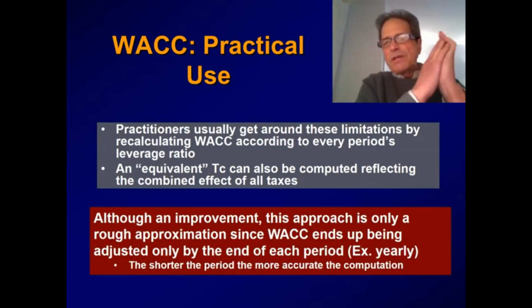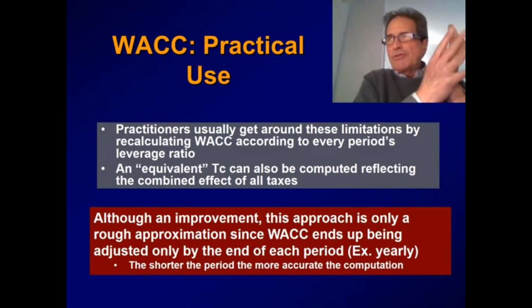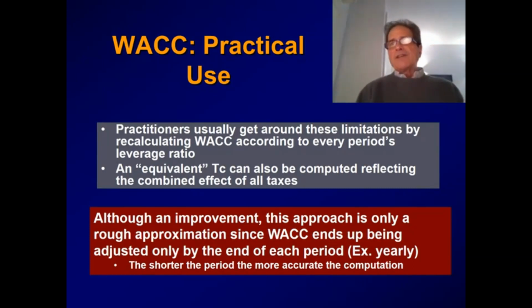These are the ways in which practitioners usually get around the limitations of WACC. Although this is an improvement, this approach is only an approximation, since WACC ends up being adjusted only at the end of each period, usually a year. And actually, the changes take place throughout the year. So rigorously, WACC would have to be adjusted much more frequently in order to alleviate these limitations in a significant way.